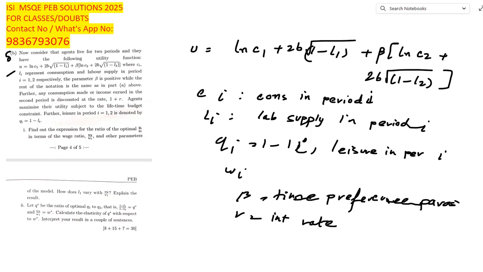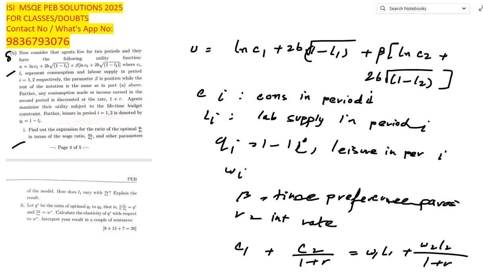Now, subject to the lifetime budget constraint, that is C1 plus C2 by 1 plus R is equal to W1 L1 plus W2 L2 by 1 plus R. So we have to first find the expression for the ratio of the optimal Q1 by Q2.